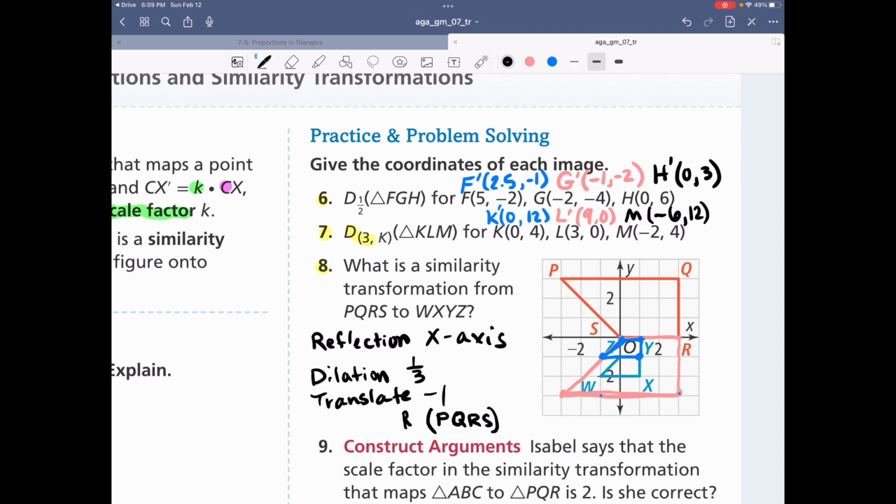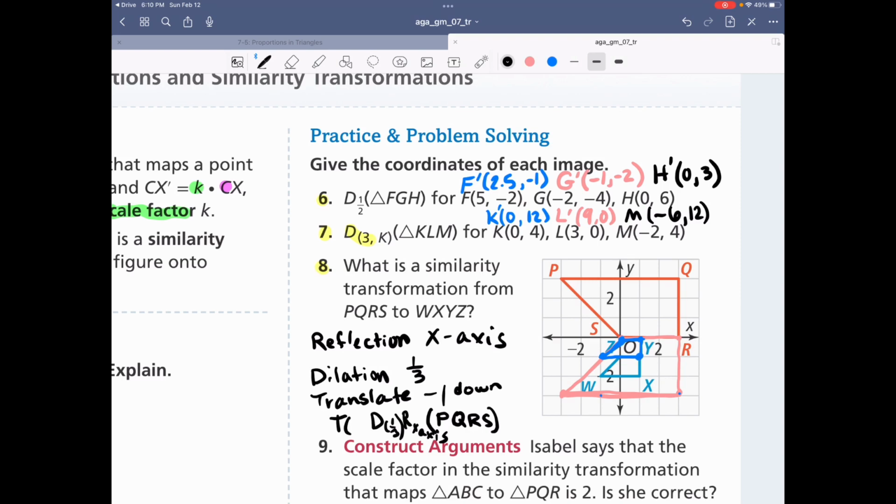We're reflecting it over the x-axis. Then we're going to dilate it 1/3. And then we're going to translate it down 1.